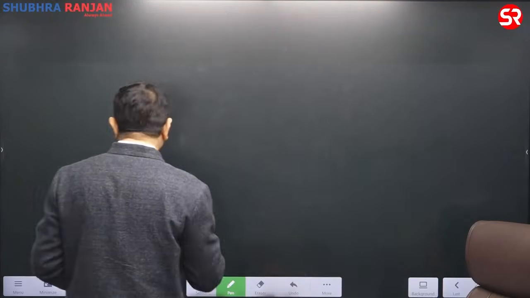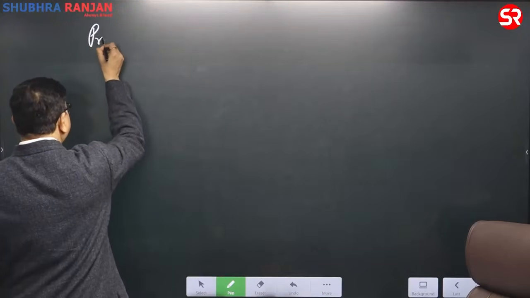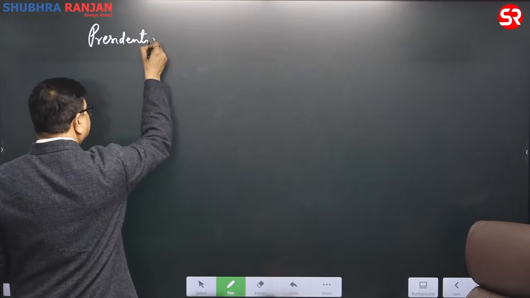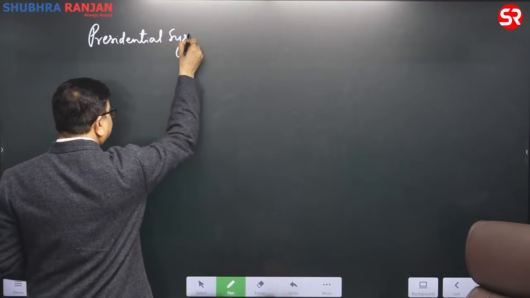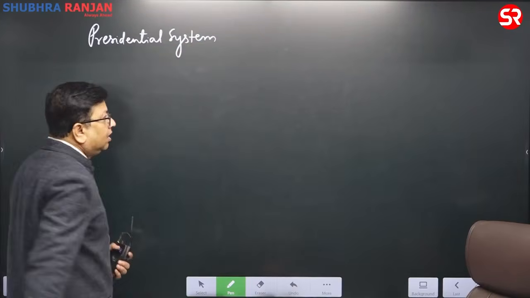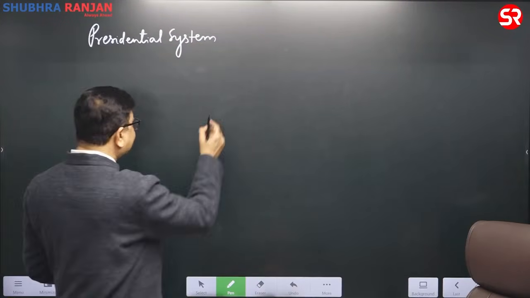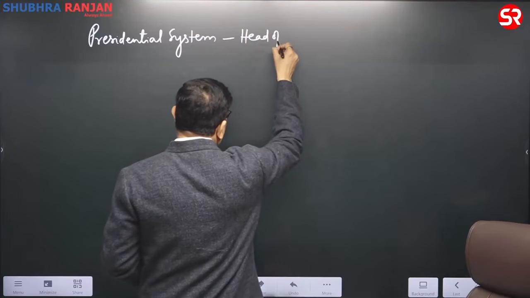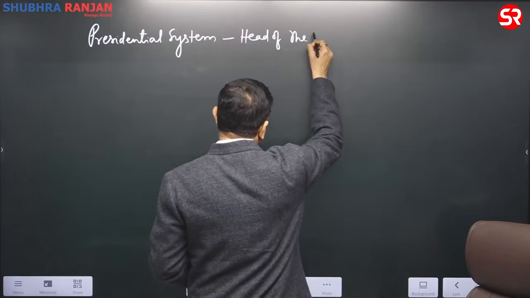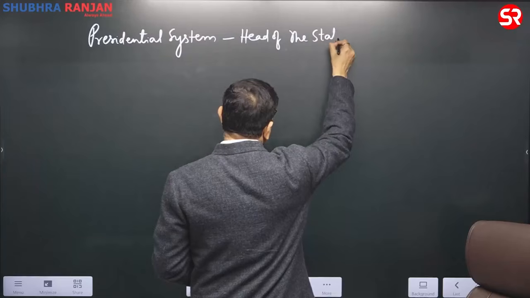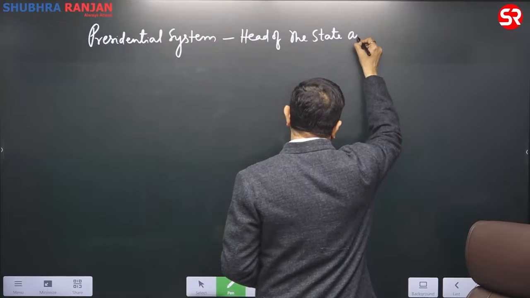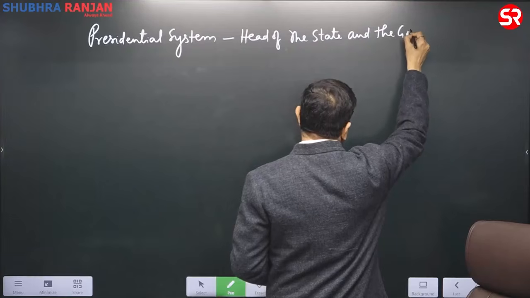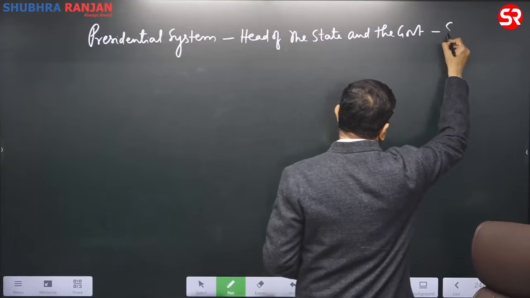अब coming to presidential system. देखो, in a presidential system, the head of the state and the government is the same.